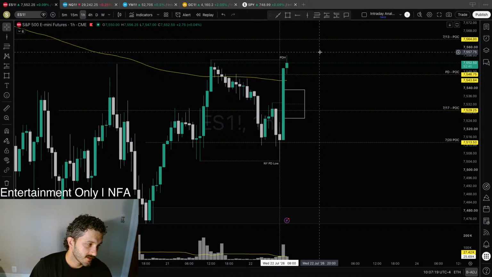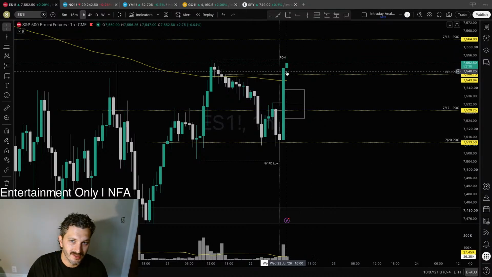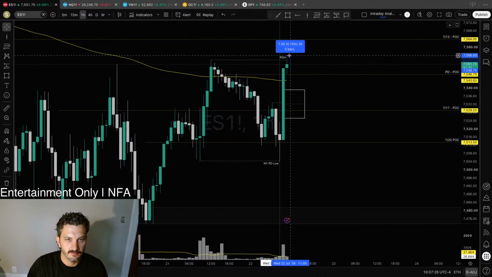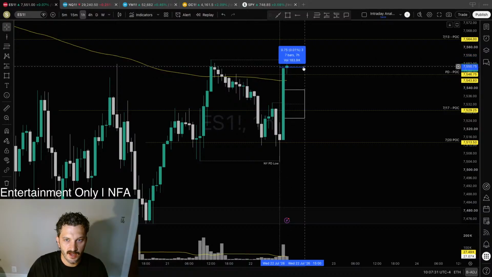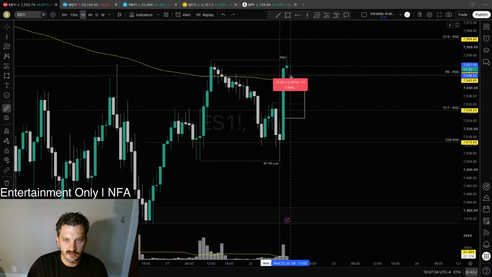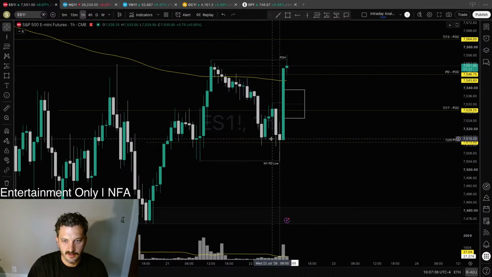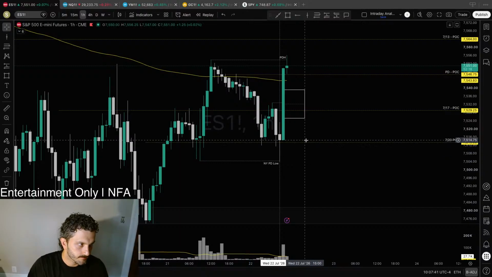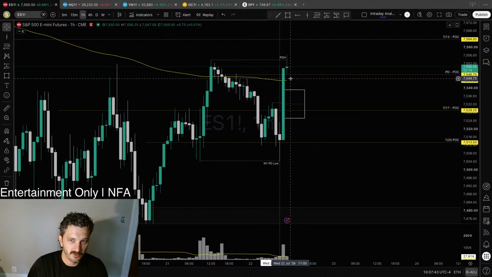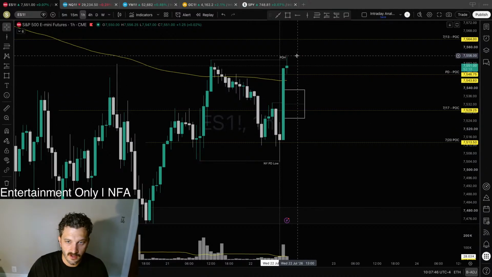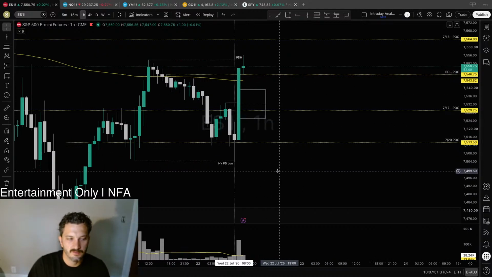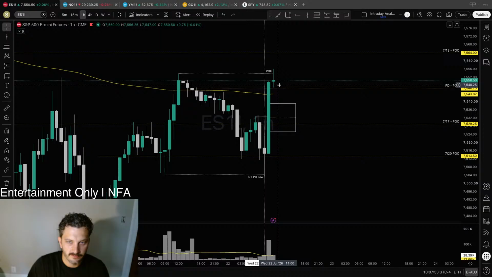You'd have to wait an hour, but potential here: sweep previous day high, sweep this hourly high, and if we get a CRT or a close back within, there's no wick at this hourly low right here. I don't know if you know what CRT, candle range theory, is, but usually it's on the higher time frame, like in this example on the hourly chart.